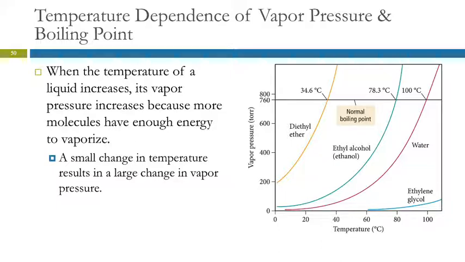So we see that small changes in temperature can have large effects in the vapor pressure. So this red line is of particular interest. This is water. Water has a very low vapor pressure down here, and as you increase the temperature, it gets larger and larger. Up here, the vapor pressure is going to hit 760 torr, which is 1 atmosphere, at its boiling point of 100 degrees Celsius.